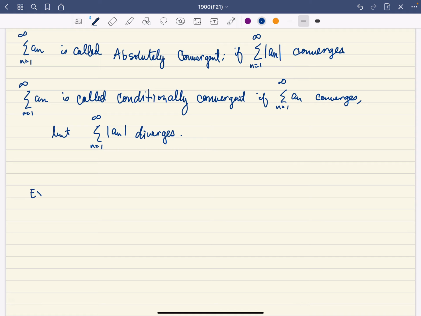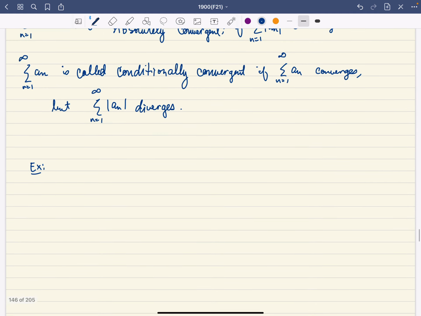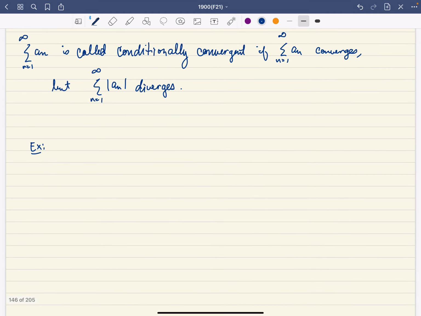Let's talk about the alternating harmonic series, negative 1 to the n over n, as n goes from 1 to infinity. This is the series 1 minus a half plus a third minus a fourth and so on.